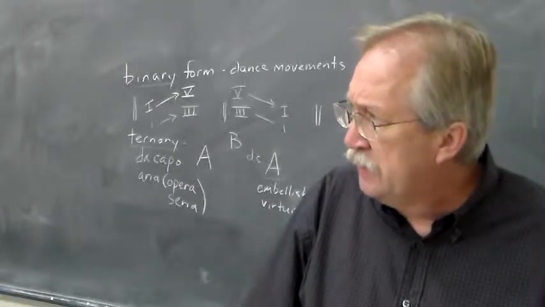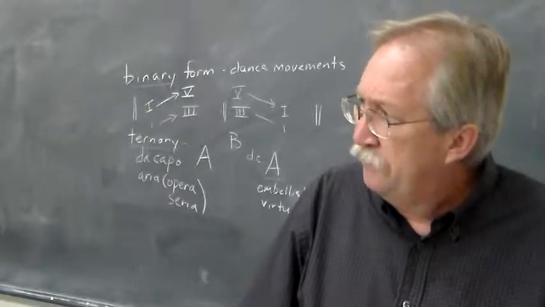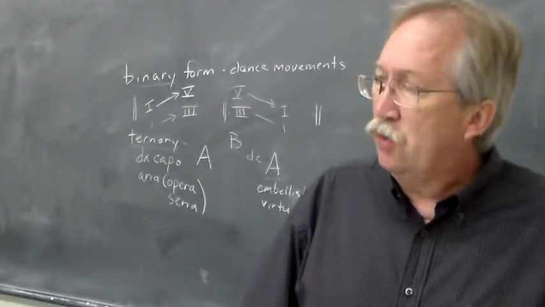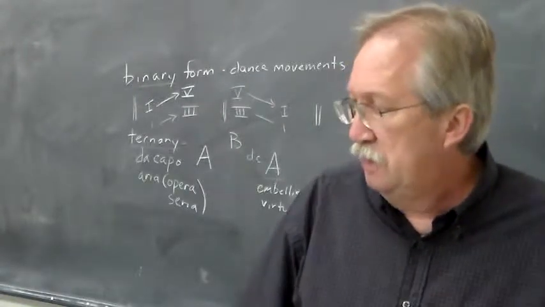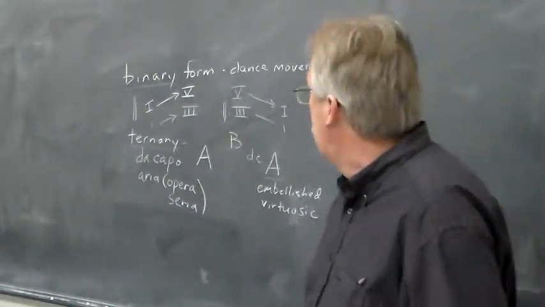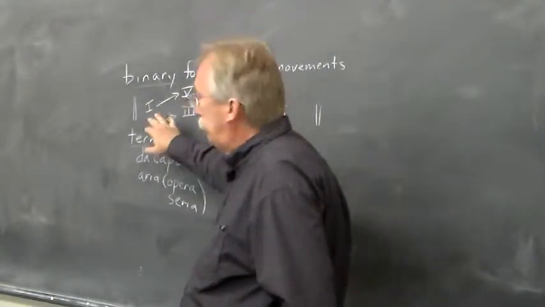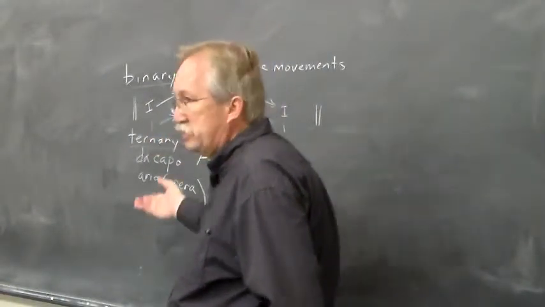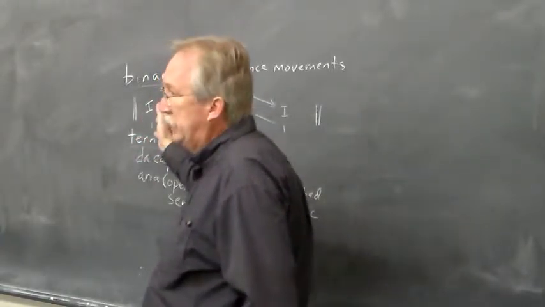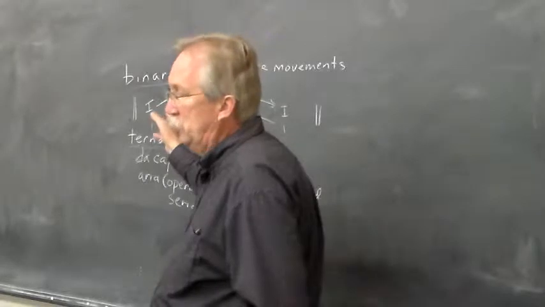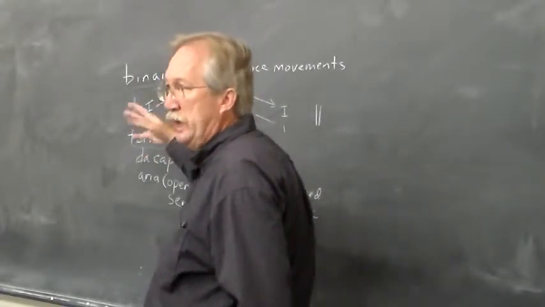And then you also have the examples that are associated with embellishment and ornamentation, so that it was the performance practice that in a binary form movement, when the player or players, if it was an orchestral suite or whatever, when you would take the repeat, especially in a slow movement, the players would embellish that repeat.